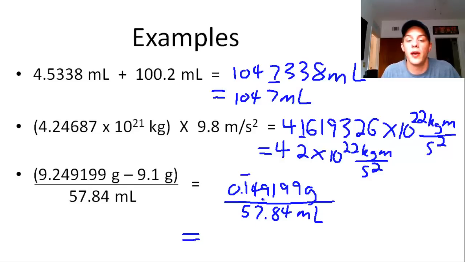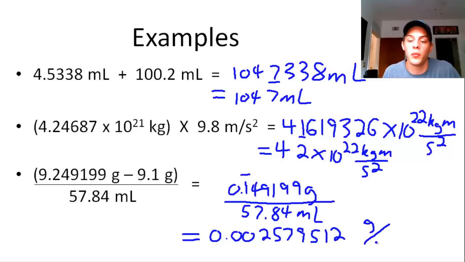So when you divide this number by this number, you will get 0.0002579 and the unit is grams per milliliter.